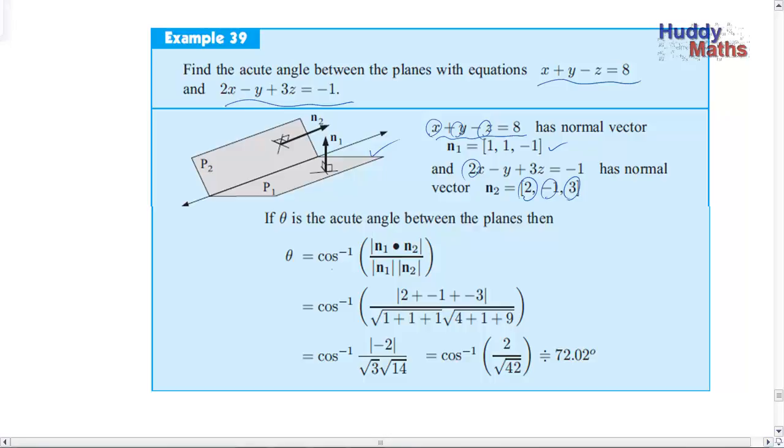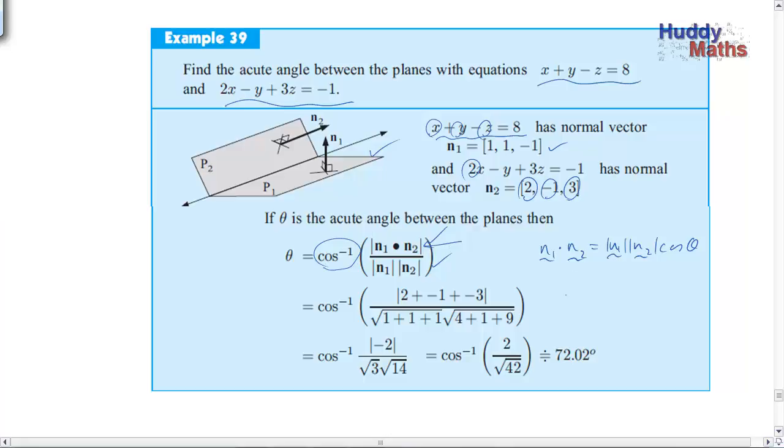If you want the acute angle, it's cos -1 of the size of the dot product over the 2 lengths. Just remembering where that came from: the dot product n1.n2 is length of n1 by length of n2 by the cos of the angle. Rearranging that, we put the modulus here because we're looking at the acute angle.